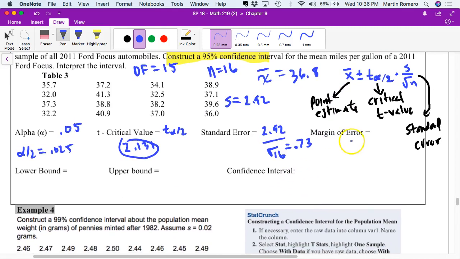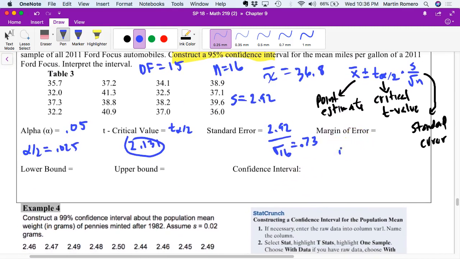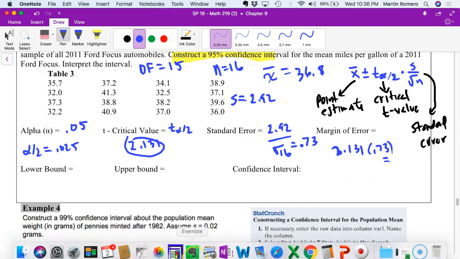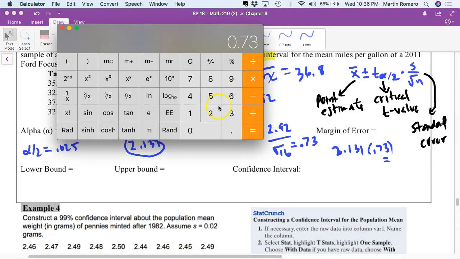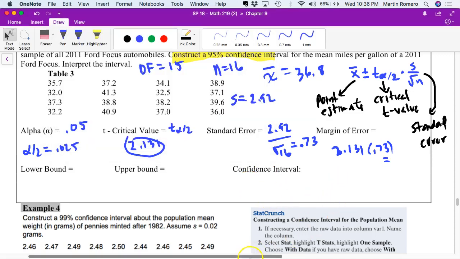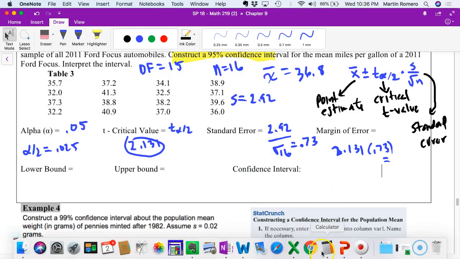When you calculate it, 2.131 times 0.73 is your margin of error, and you end up with 1.56.